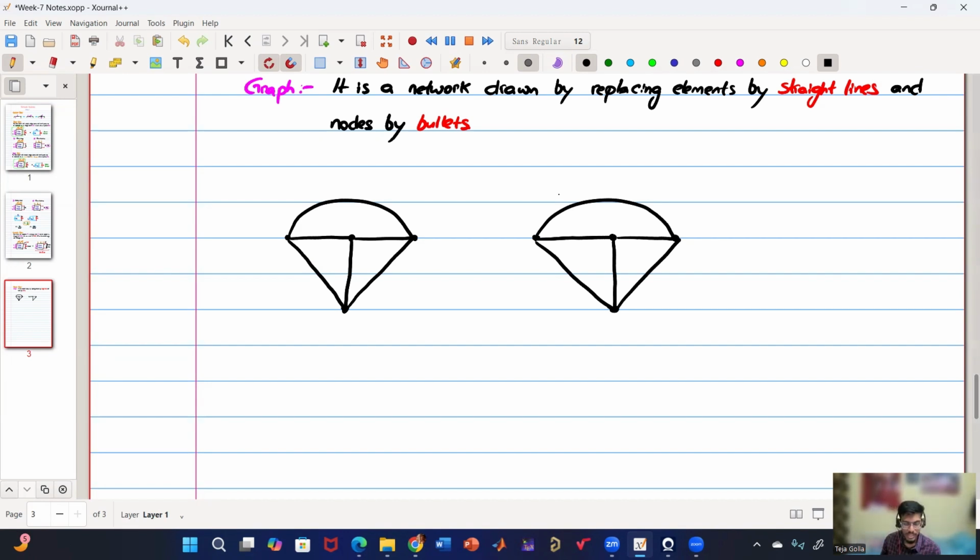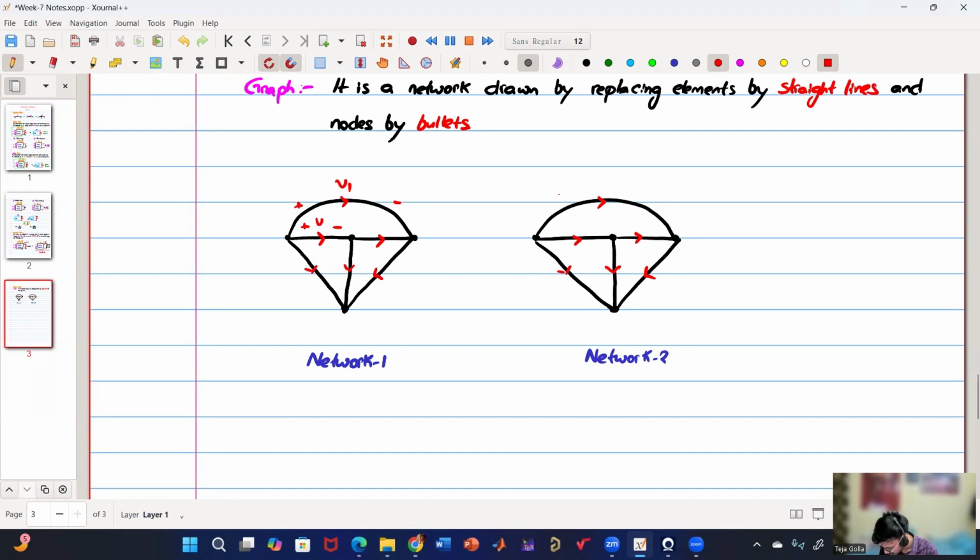Here these are two different networks: this is network 1, this is network 2, and both have the same graph, meaning the direction of the currents, everything remains the same. The current may not be the same, but the direction, polarity, the shape, everything remains the same.